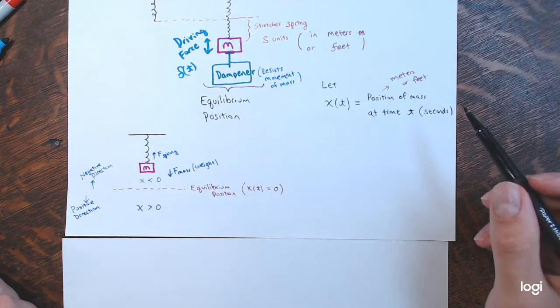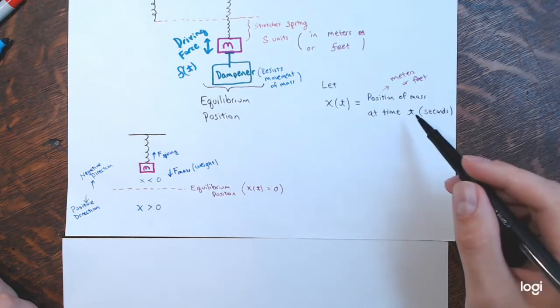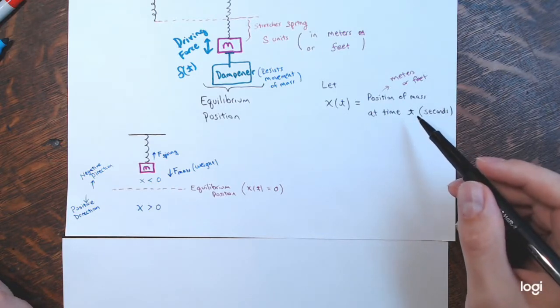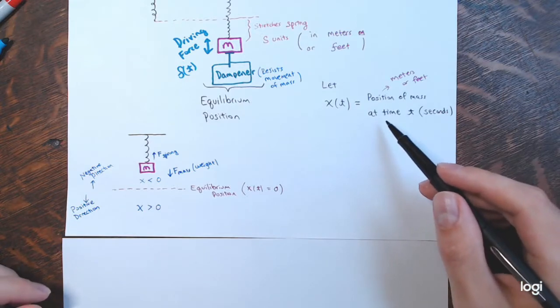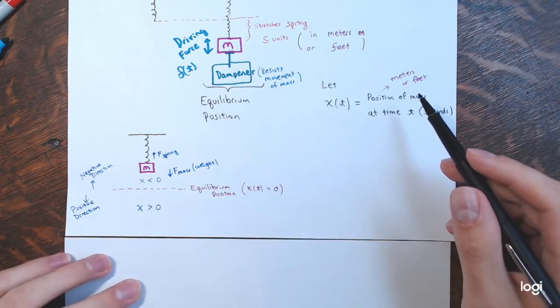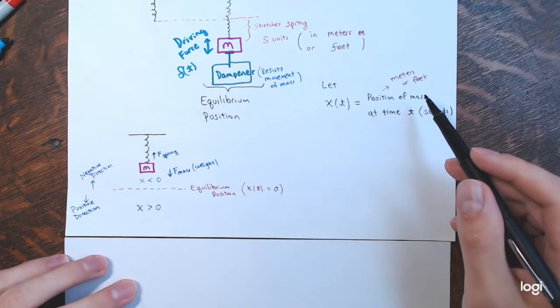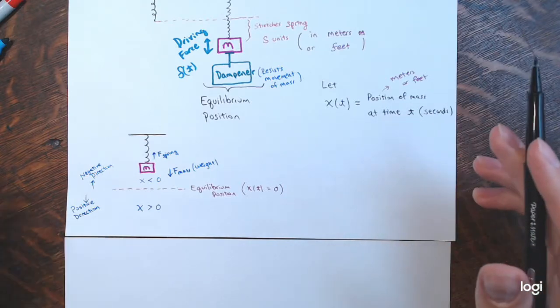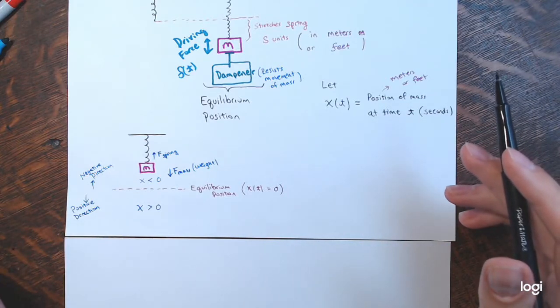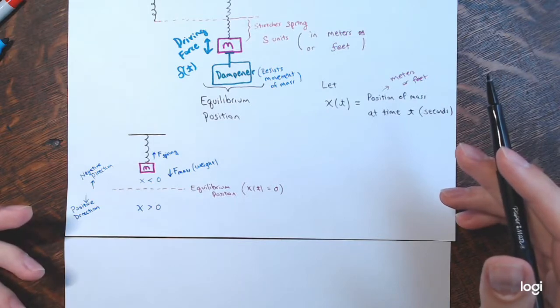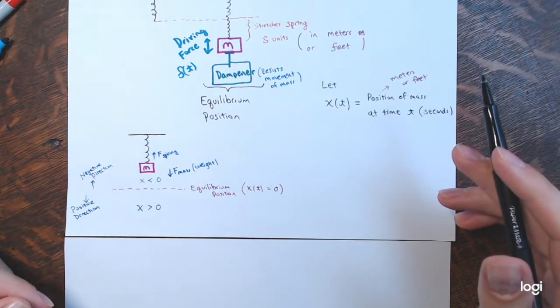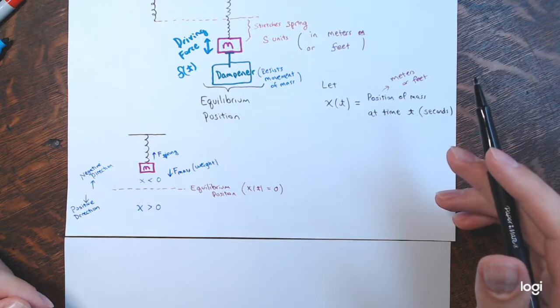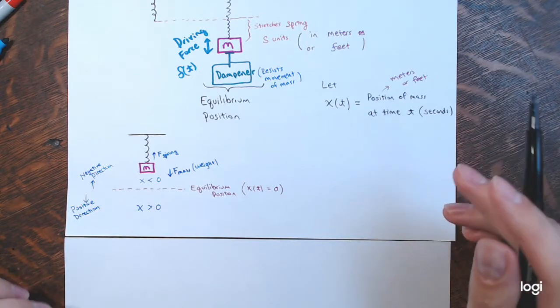The mass can be in either kilograms or slugs. Time is in seconds, and the positions are either in meters or in feet. And I guess forces too. Forces will be either in newtons or pounds, depending on what system you're in.